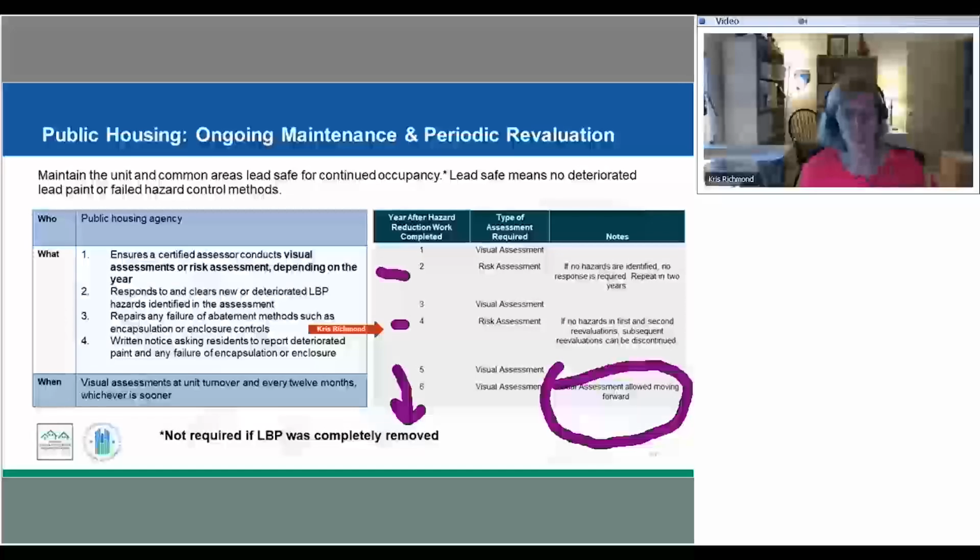But hopefully you have 2 consecutive times, and it's every other year, where you pass that risk assessment, you don't identify any new hazards, and then you can get to the maintenance part of just doing visual assessments. So that's the periodic reevaluation that needs to happen.